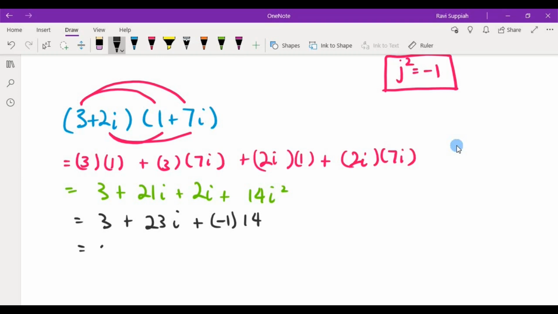But now it is a positive, so 3 plus 23i, and plus and minus will be minus 14. So what I have is minus 11 plus 23i. Okay, so that is the final answer for this complex number multiplication. Let's try a few more examples.